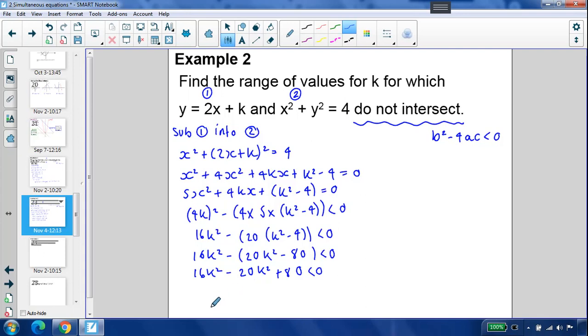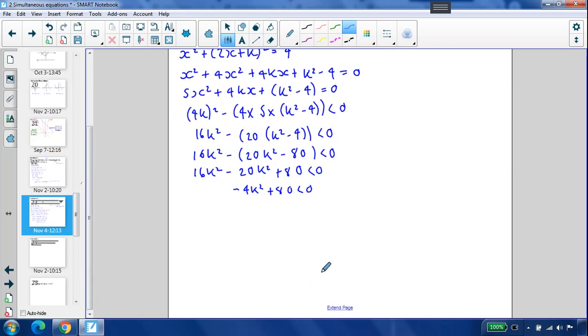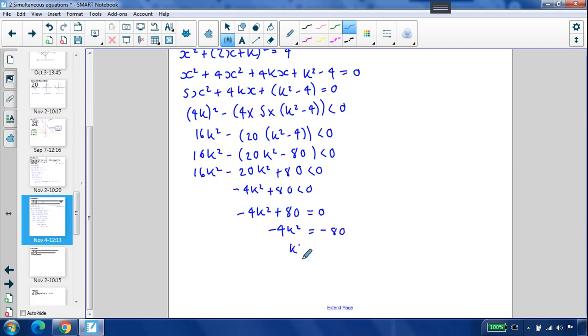Now I'm going to combine the k squareds together, so I'll have minus 4k squared plus 80 is less than 0. I'm at a stage now where I can go ahead and solve this inequality, so I'm actually going to look at the quadratic and solve that. I'll move the 80 over and divide by minus 4.